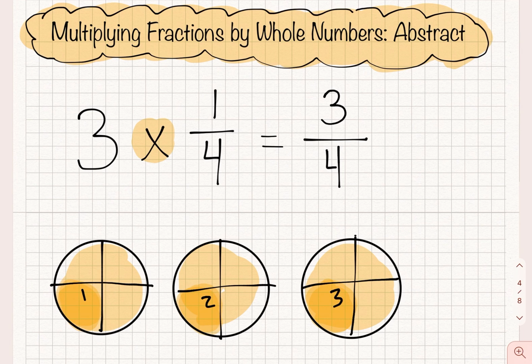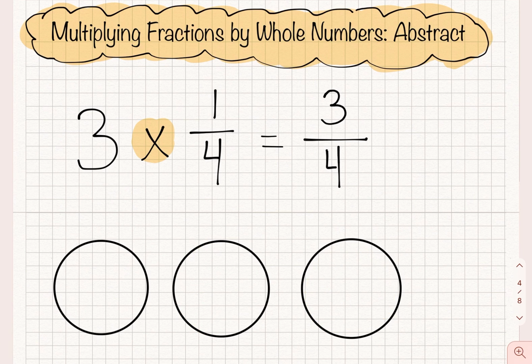When we say 3 wholes, what we're really saying is that it takes one piece to make a whole. In other words, if it only takes one piece to make a whole, we could say that the denominator is 1, because the denominator tells us how many pieces it takes to make a whole. And then how many pieces are there? Well, there are 3 of those pieces.